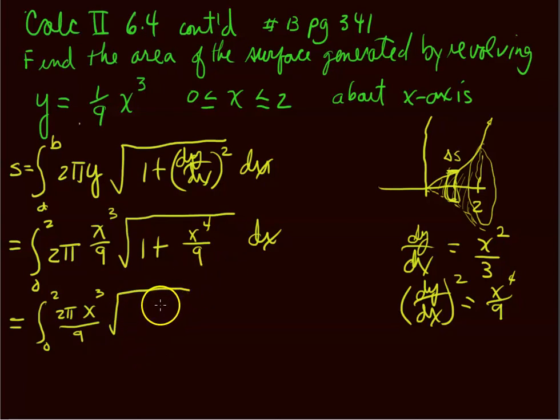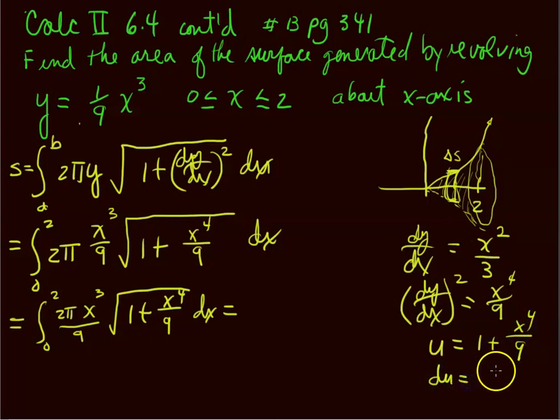Okay, let's write this once more: 1 plus x to the 4th over 9 dx. But I'm going to do this in terms of u. I'm going to let u equal 1 plus x to the 4th over 9. Then du is equal to 4/9 x cubed dx.